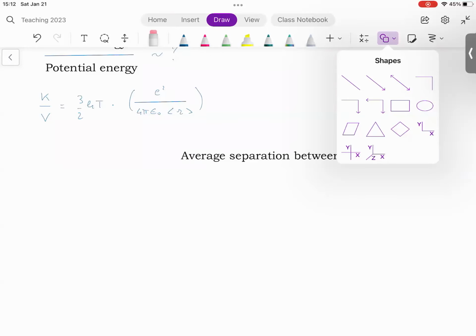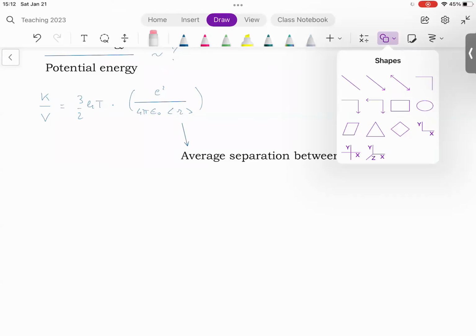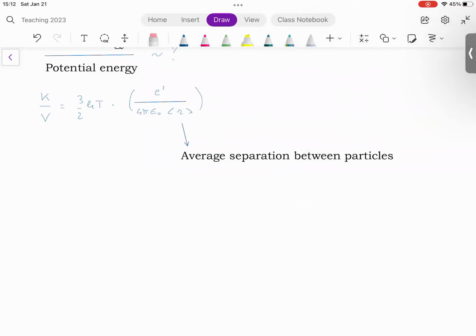I'm sure you can now see the connection. This is going to be proportional to the density in the system.